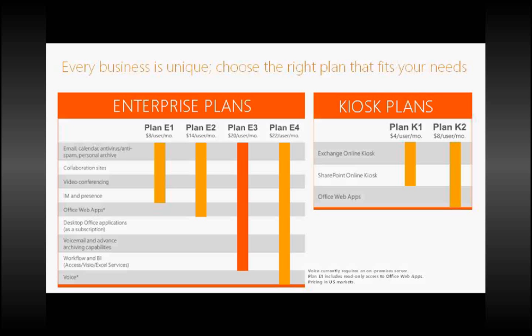The difference between E2 and E3 is going to be Office Pro Plus, so those actual desktop applications and those 5 licenses of Office Pro Plus, as well as the advanced capabilities in SharePoint Online and Exchange Online. Exchange Online in general is 25 gigabytes per mailbox.